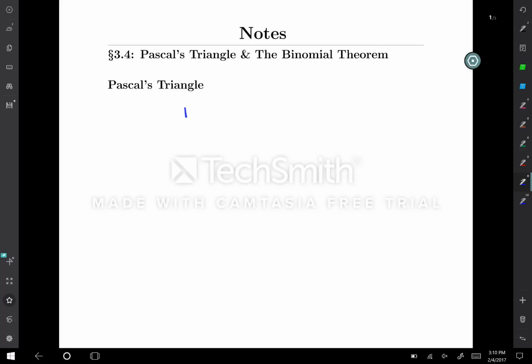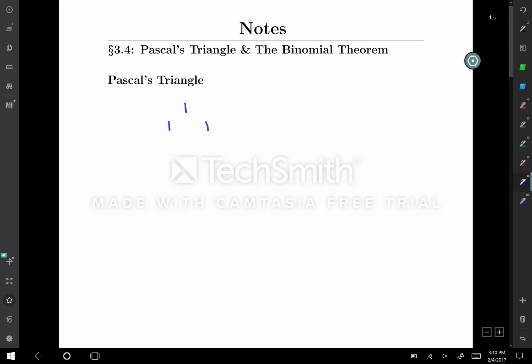It begins with the number 1. The second row also contains a 1 and a 1. In the third row, we'll have 1, 2, 1. Our next row will be 1, 3, 3, 1.